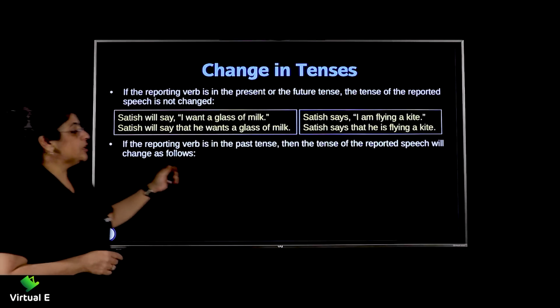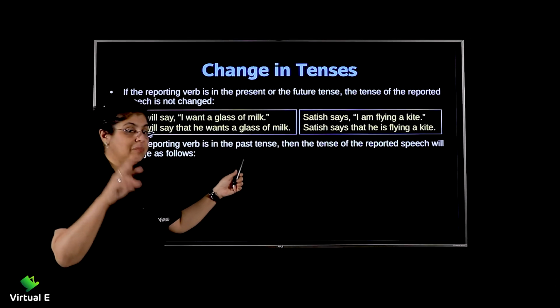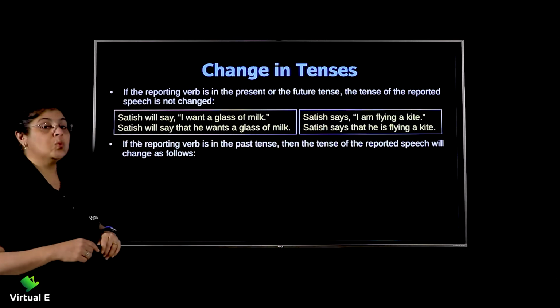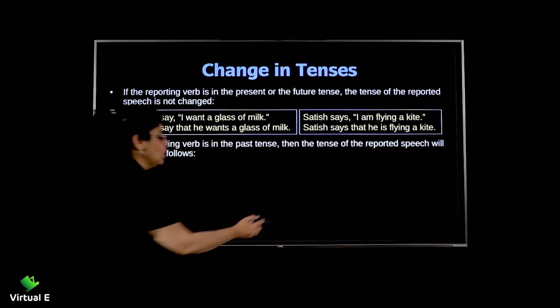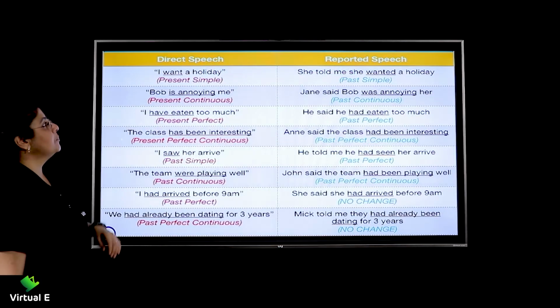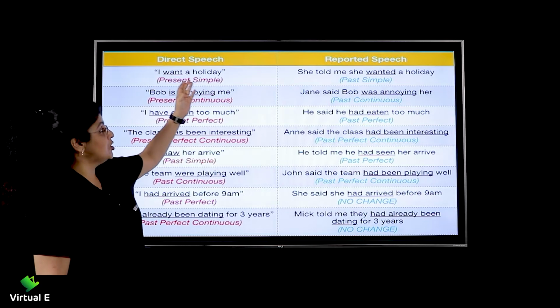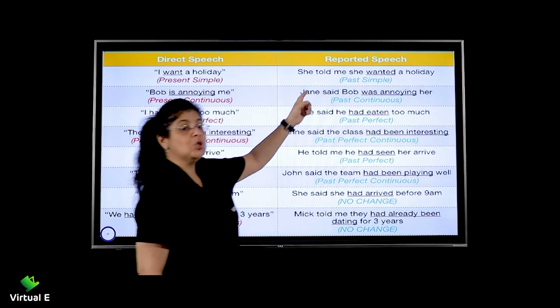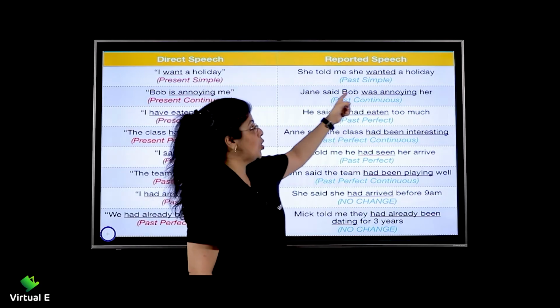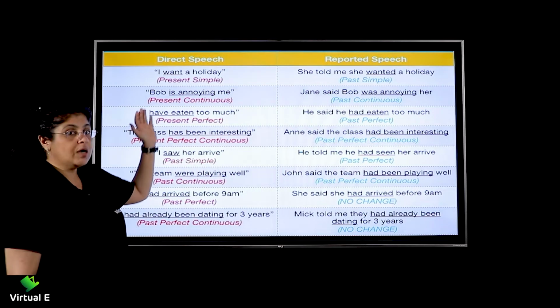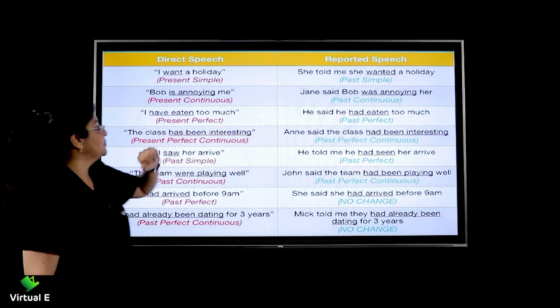Now, if the reporting verb is in the past tense, that means said or told, then the tense of the reported speech will change as follows. Your present simple, "I want a holiday," will change to past simple, "She told me she wanted a holiday." Want will change to wanted.